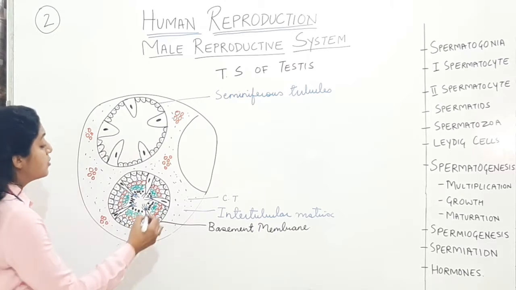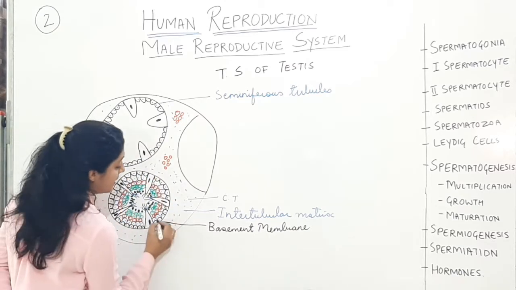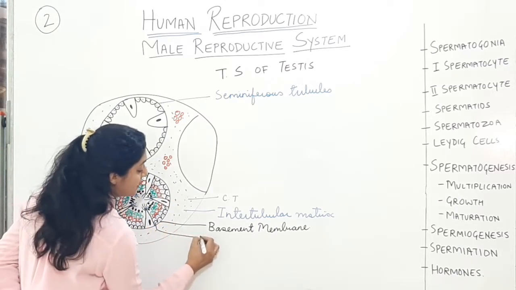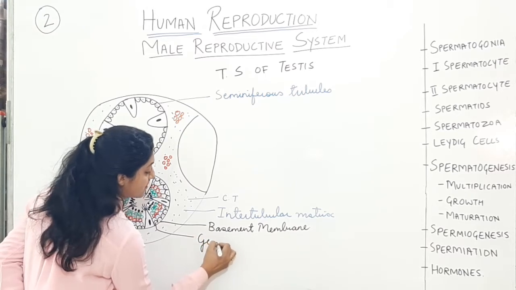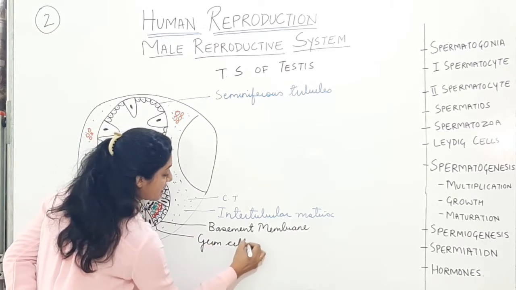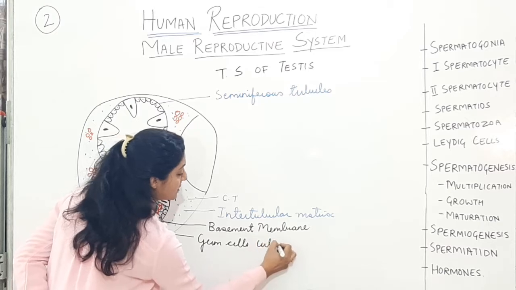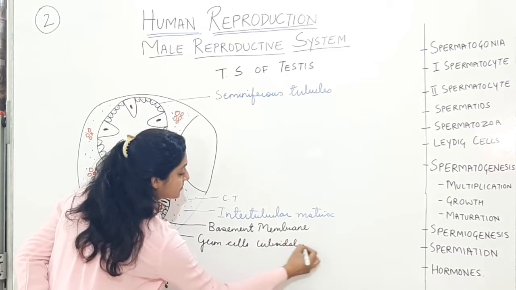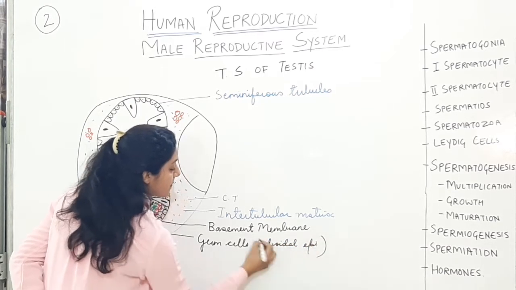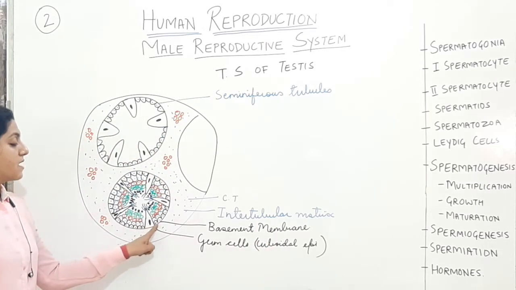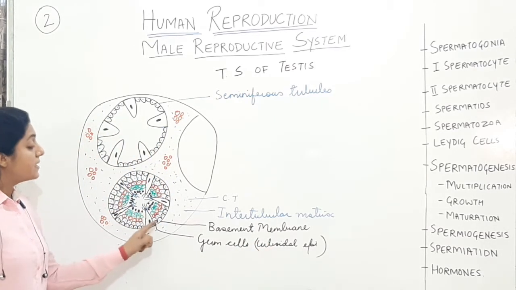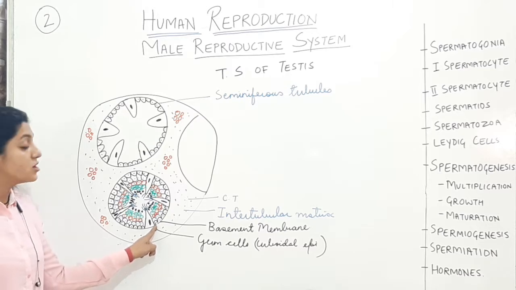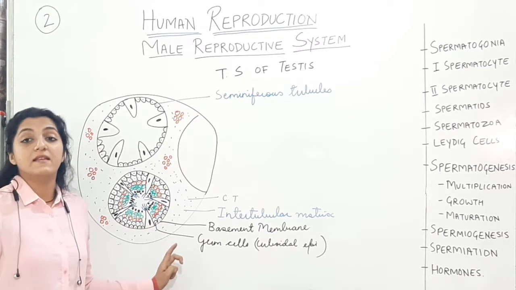Inside each tubule, you will first see a cuboidal layer of germinal epithelial cells. So germ cells, which will be cuboidal epithelial cells. So this first layer on the basement membrane inside the seminiferous tubule will be of the germ cells, that is the germinal epithelial cells.